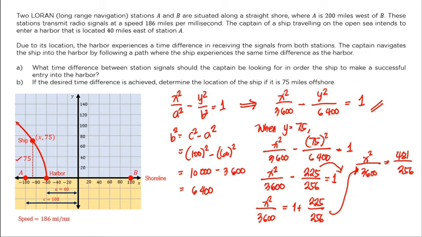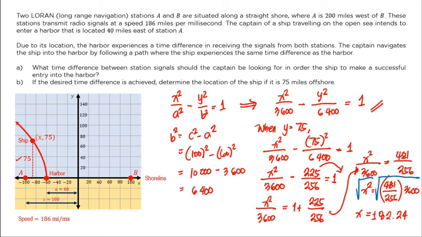Now, solving for x squared, we will multiply both sides by 3,600. So this will become x squared equal to 481 over 256 times 3,600. Now, taking the square root of both sides, x now will be approximately equal to plus or minus 82.24. So we have two values of x here.